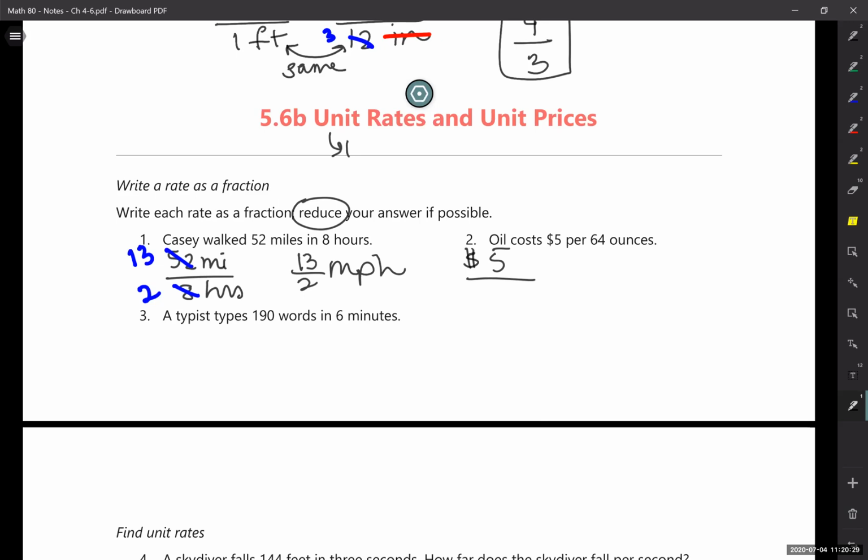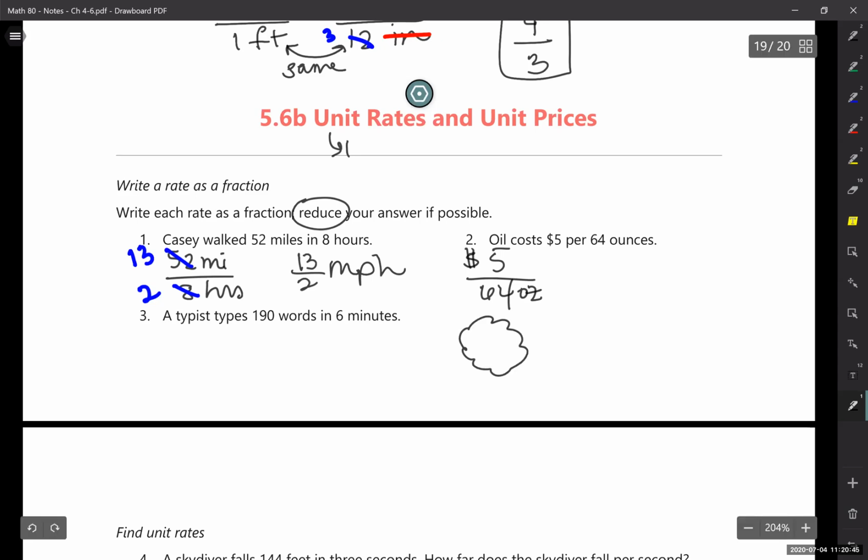Number 2, it says $5 per 64 ounces. And this problem, I probably will write as a decimal because we talk about money in decimals. We don't talk about money in improper fractions. So what I want to do, I'm just going to put a little thought bubble.